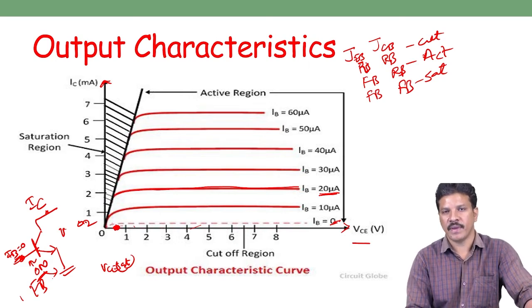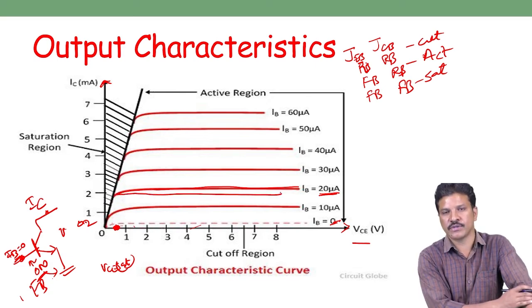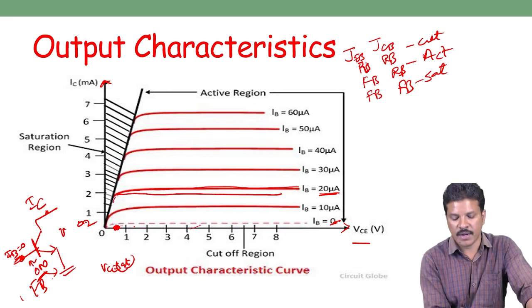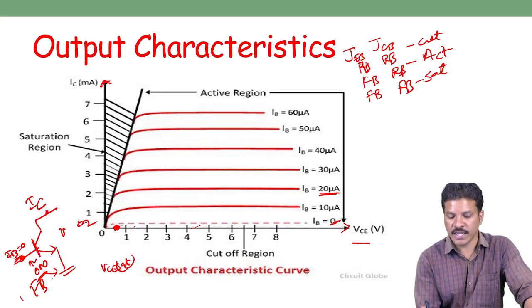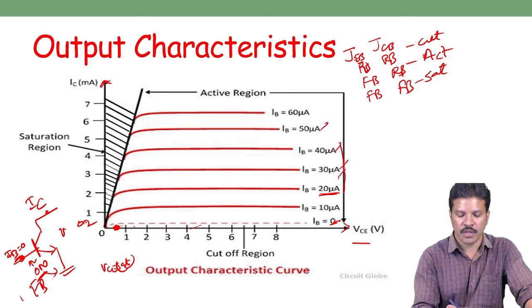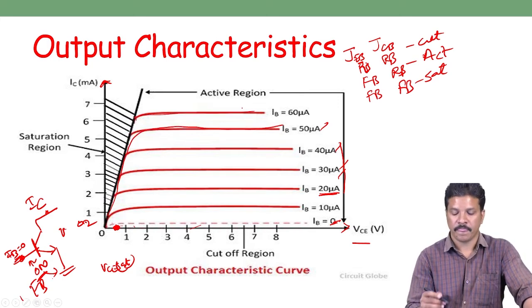Compare with the common base, which has exactly 0 slope, whereas the common emitter has some slope. That is the difference. As we keep increasing IB to 20, 30, 40, 50 microamperes, the current increases and the slope of the curve increases.